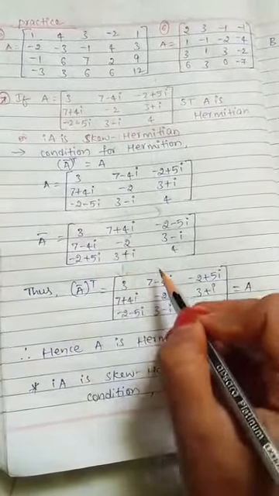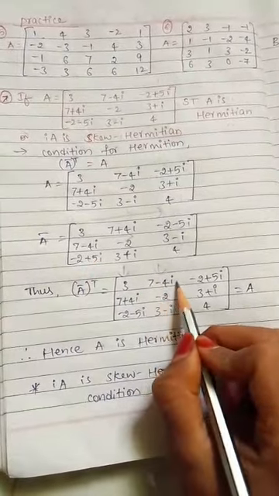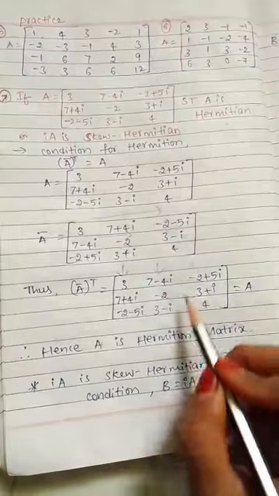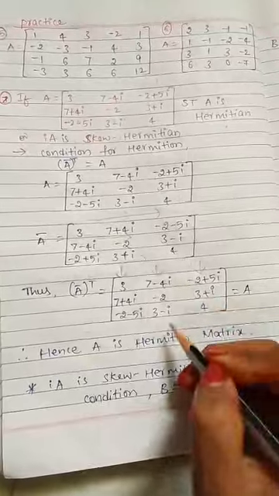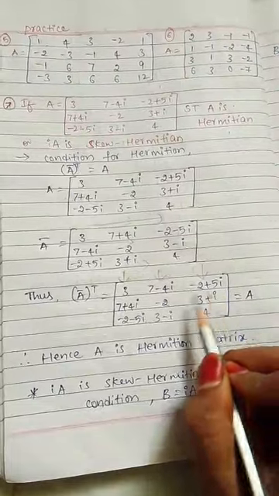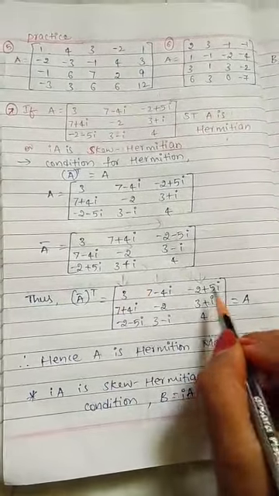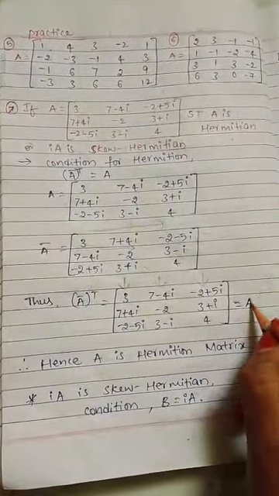Like this only, second row to second column: 7 minus 4i, minus 2 as it is, 3 minus i. Then third row to third column: minus 2 plus 5i, 3 plus i, take it as it is, 4. This will become the A.